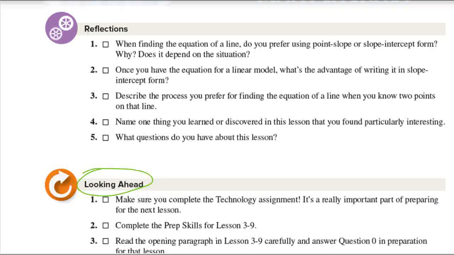Read ahead to the beginning of the next lesson, which is not lesson 3-9. We do not do 3-9. After this, we have 2 more lessons, 4-2 and 4-8. So you will get ready for lesson 4-2. After that, we have our third test, and then after that, we have a day of review, which, since we're not in class, I'll just have a WebEx session where people can ask questions.